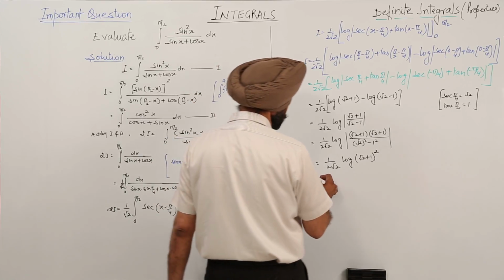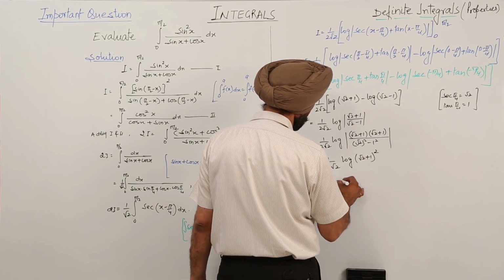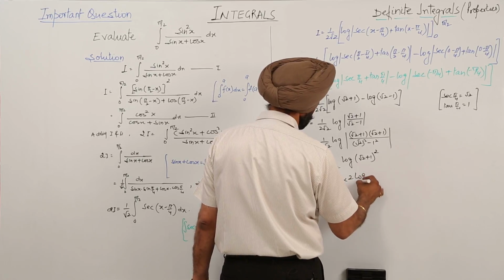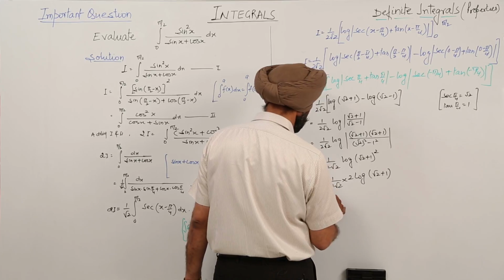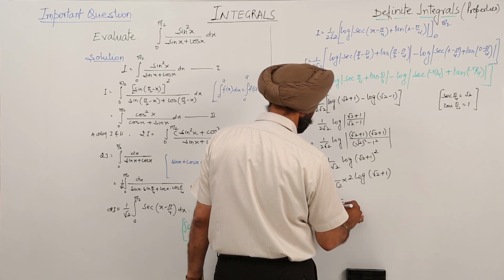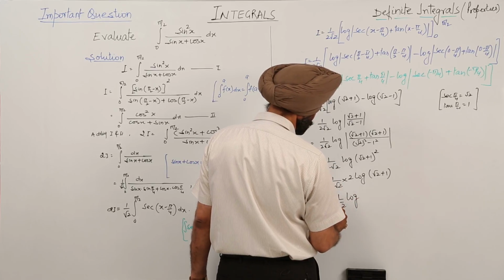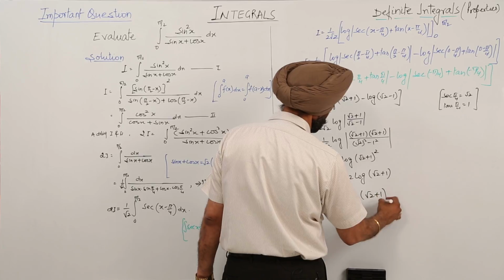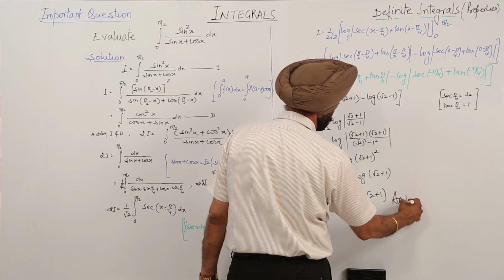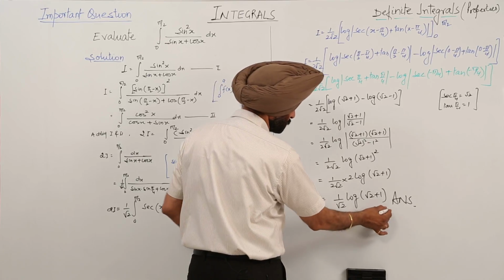And this becomes 1 upon 2 root 2 into 2 log of root 2 plus 1. This is the answer, this part.